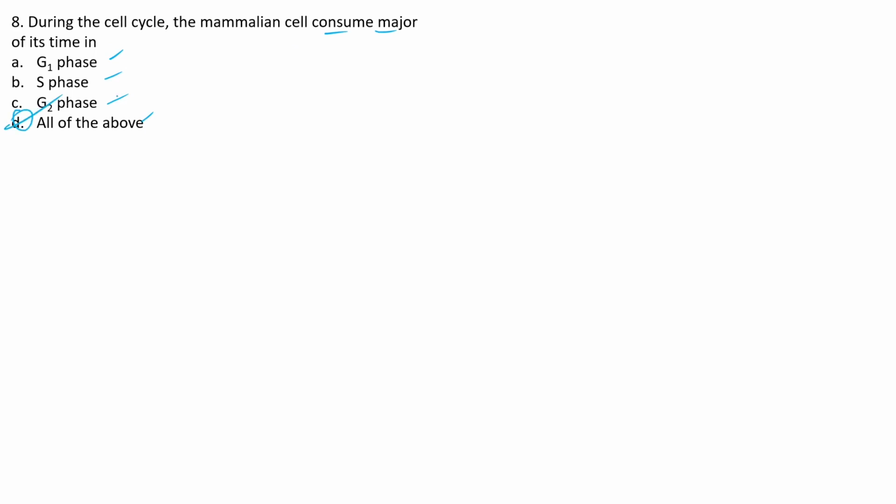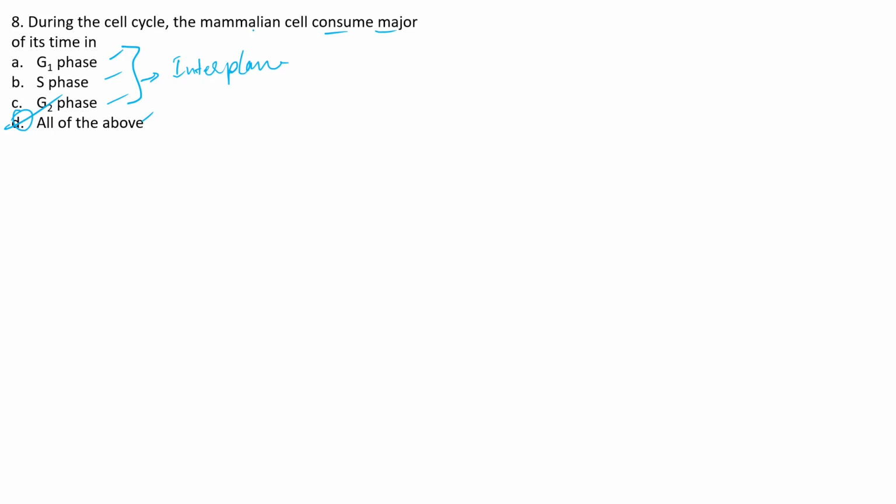The answer is again all of the above, because ultimately all of these three stages make up the main phase called the interphase. Okay, so don't expect only interphase as an option to be present. They may even give you all three options and ask you all of the above. That is also possible. So we know G1 phase, S phase, G2 phase are actually part of the interphase.